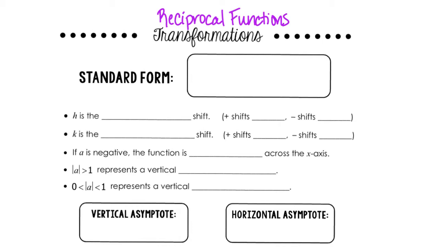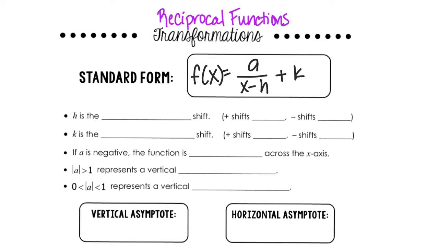So the standard form for transformations of the reciprocal functions would be f of x equals a over x minus h plus k. Now the a, the h, and the k all lend themselves to different transformations of the function.